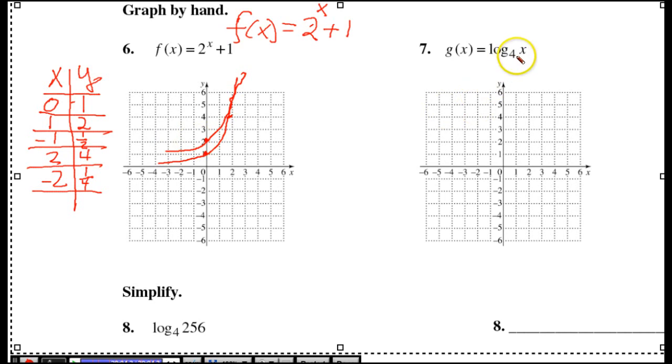Now, for something like this, it is the inverse of this. So it would be 4 to the x power. And for that one, again, it would be here, but one is 4 now. That would be a 1, then it would be a 4, and then it would be a 2 squared, 16. So the curve would be like so.